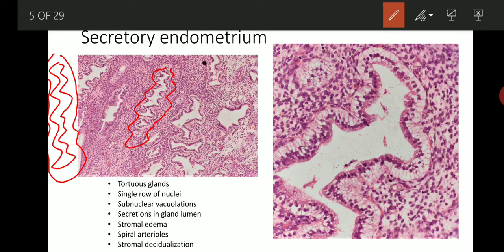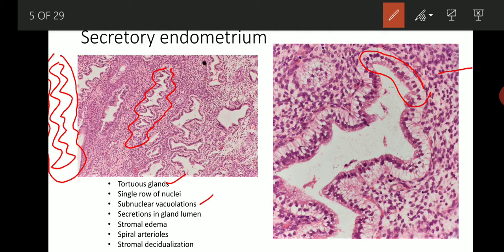If you see, the stroma now starts looking a bit pale and more pink as compared to the proliferative endometrium, where the stroma is very blue appearing. So you find tortuous glands. The nuclei now align themselves in a single row, as you can see here. Unlike the pseudostratification that you see in proliferative endometrium, the nuclei here are in a single row.